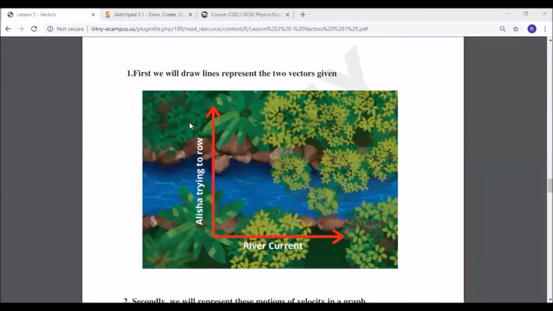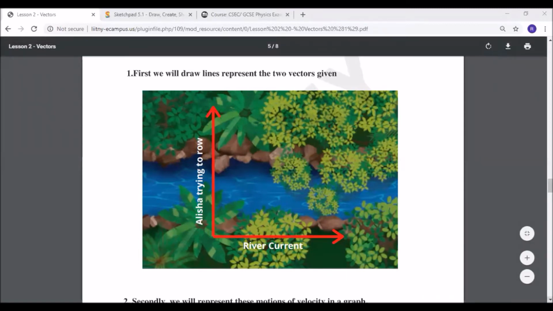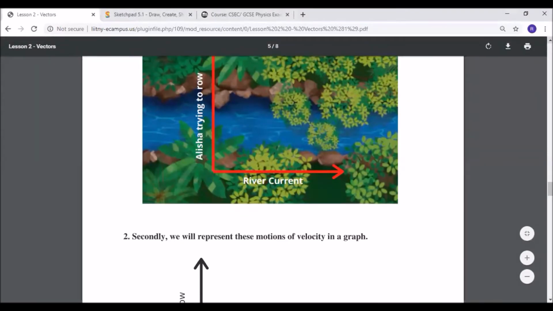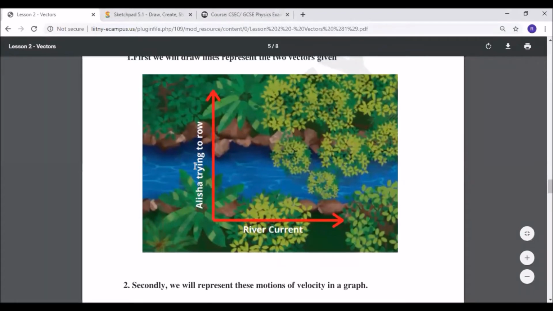And so there are two acting forces here perpendicular to each other. So there will be an actual resultant force that represents Alicia's motion across the river. Because the keyword here is Alicia trying to row, but where she actually rows, the path that she actually takes, will be the resultant vector, or the resultant velocity.